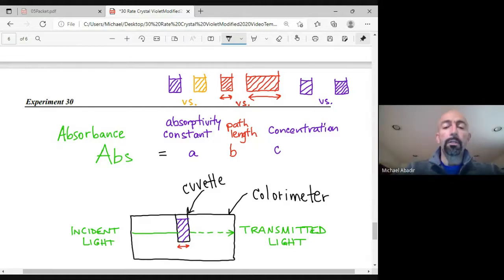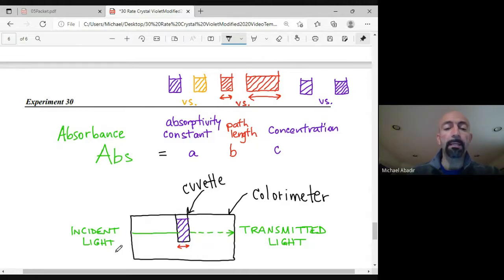So what you do is you put a solution into here, and you cover it up, and it's going to pass light through this solution. Now the solution is going to absorb some of the light because it has a color, so less light is going to come out than was going in.